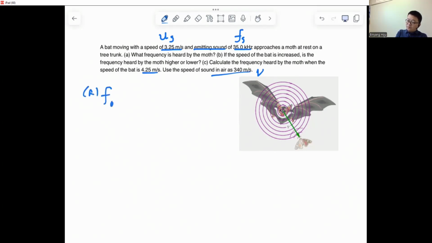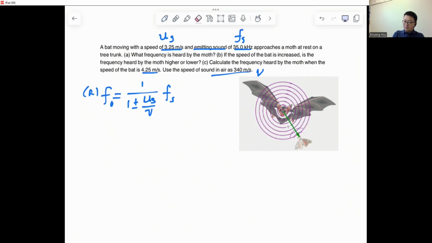For A, the source is moving, so the frequency heard by the observer, F_O, will be 1 over 1 plus or minus U_S over V, times F_S, the frequency of the source. In this case the source is approaching, so we take the minus.